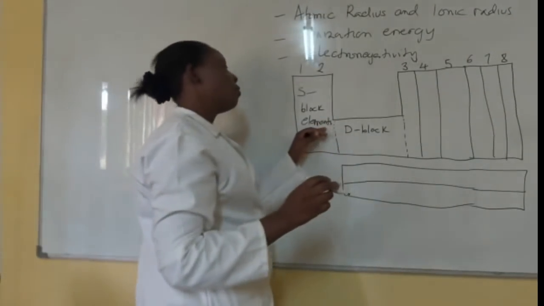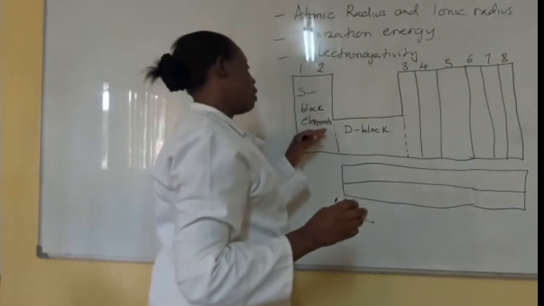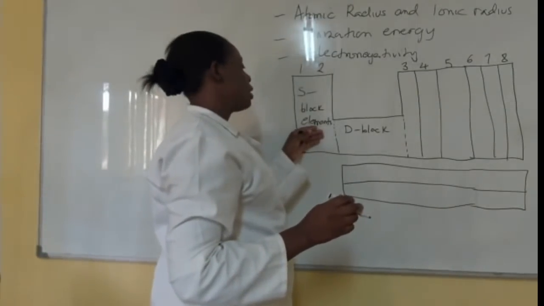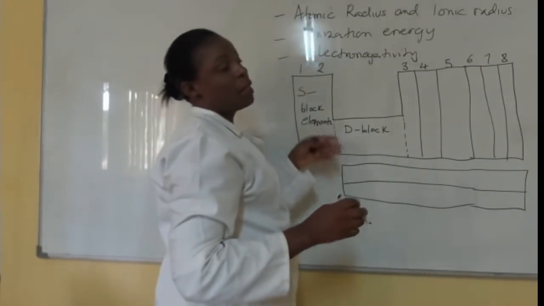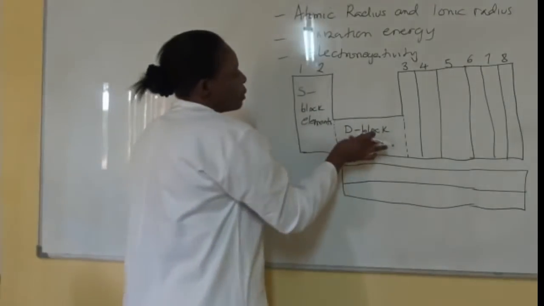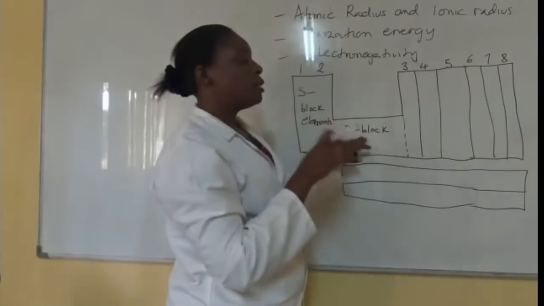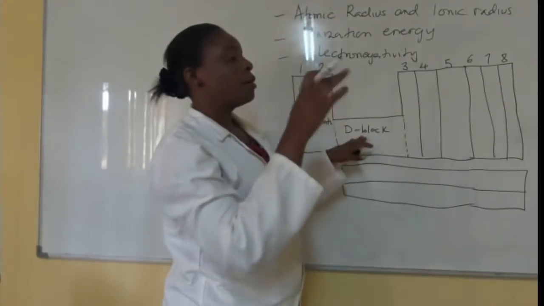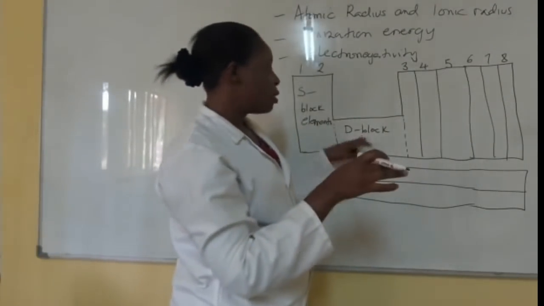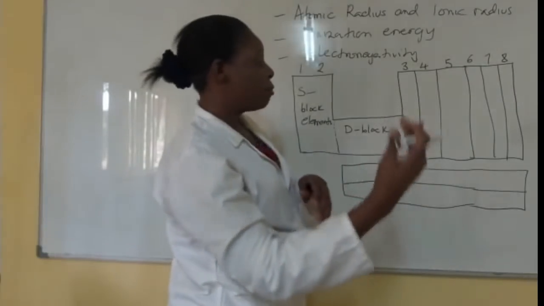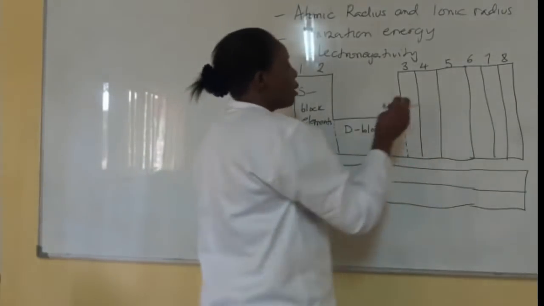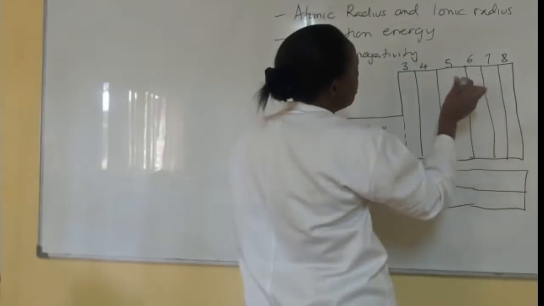Because the S orbitals are filling, or the S orbitals are the ones being occupied by electrons. These are called the D block elements because the D orbitals are the ones which are being filled up by electrons. Then you have the P block.